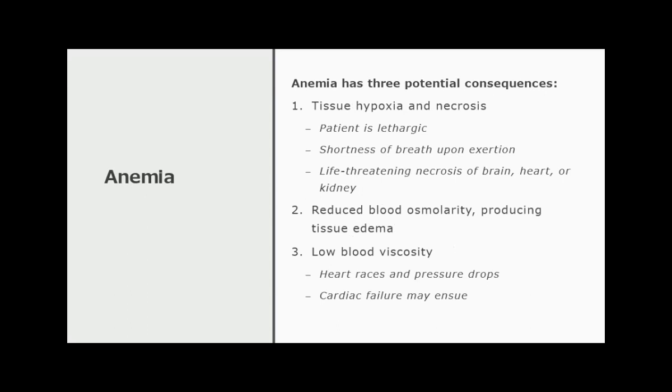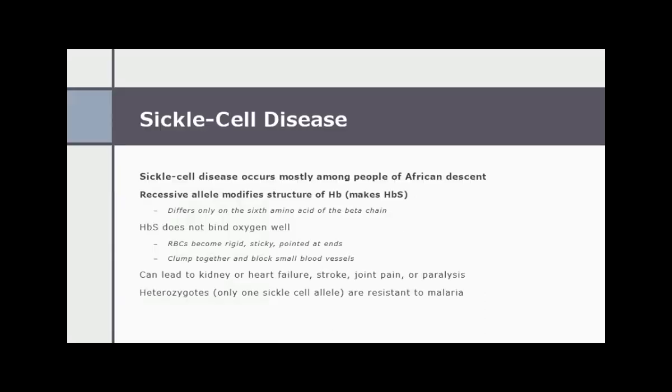When you have a decrease in osmolarity, you have an increase in edema and puffiness. And then it decreases viscosity, which means blood's moving easier through. Your heart has to pump faster in order to keep up with the blood flow. Because your heart is pumping faster, your blood pressure starts to drop, to a point. It's not good.